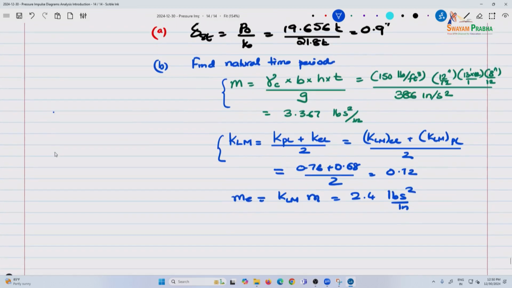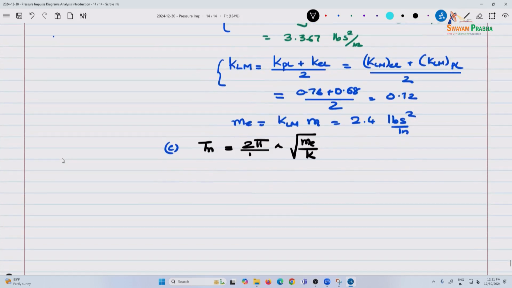Or the natural time period is 2 pi by, multiplied by ME divided by K, comes to 2 pi, we are almost there, 2.4 divided by, now this is in pounds, so let's convert this to 21,000.